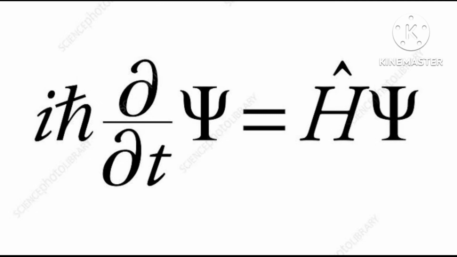And the Schrodinger wave equation follows the dual behavior of particle as well as the dual behavior of light.